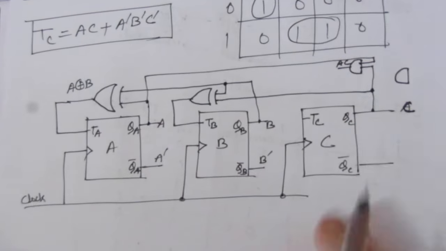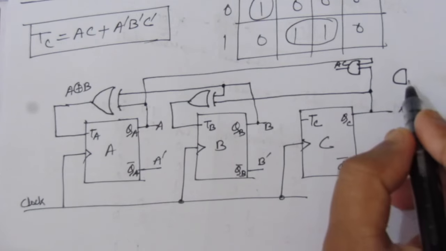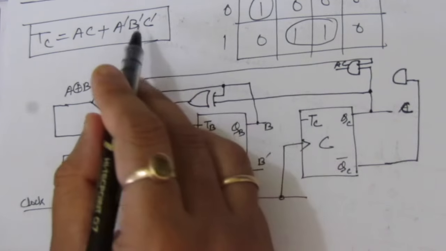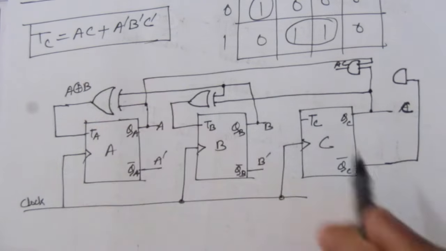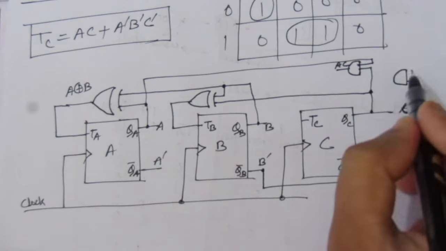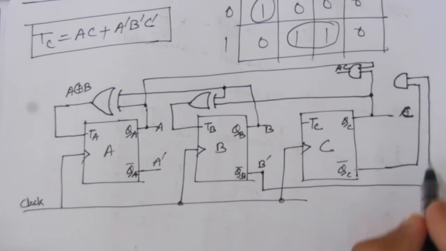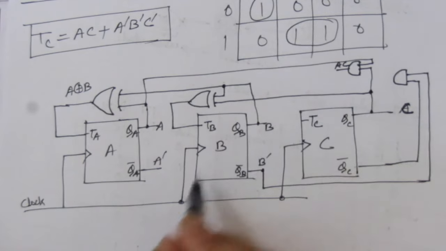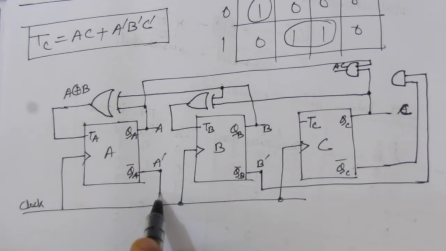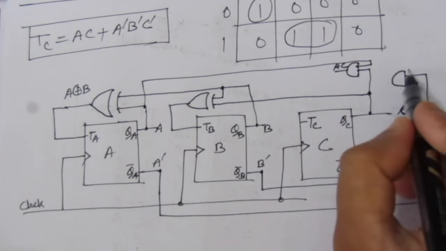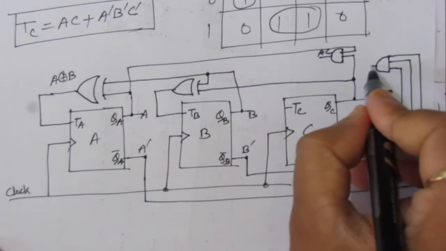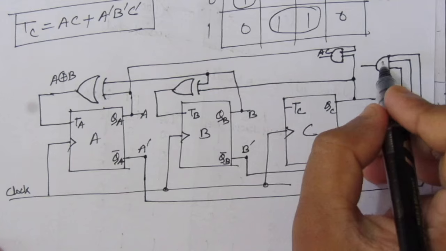So you have to give one input from C bar, second input from B bar. So take a line from here and connect it to the input of this AND gate, and one input from this A bar. Take a line from A bar and connect to the input port of this AND gate. Here we'll get A bar, B bar, C bar at this AND gate output.